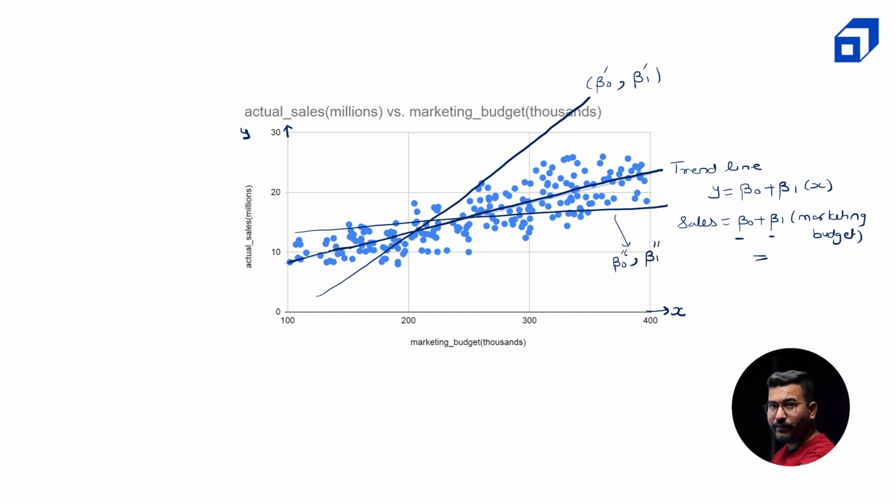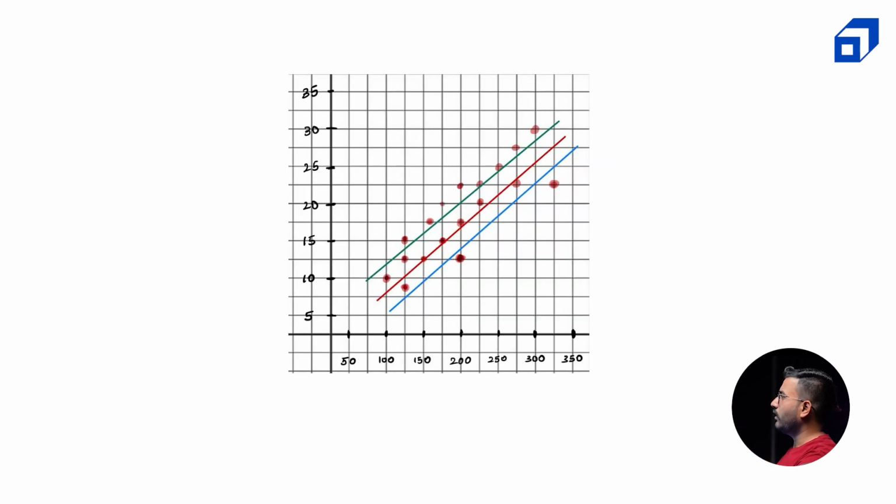So each line we draw will have a different set of coefficients. Now using that, I can generate that line. So the point is that out of all these lines, I have just created a very dummy example. You can see that this is line 1, line 2, line 3. So out of all these lines, which line is the best line?